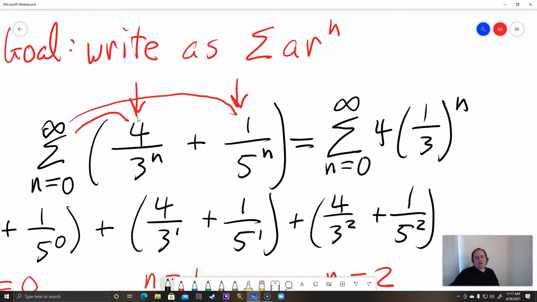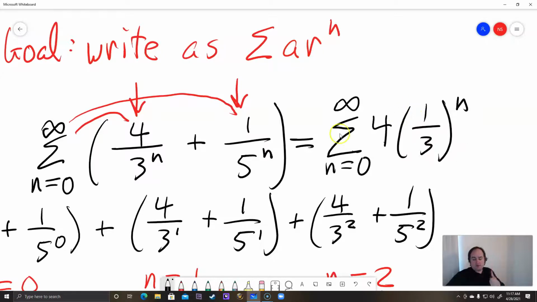Now, why am I allowed to write it as 1/3 to the n? Well, if you think about it, if I distribute that n to each of these exponents, in the numerator, 1 to the n is 1, and then in the denominator, 3 to the n is 3 to the n. So we have 4 times 1/3 to the n. And as you can see, that's in the format a times r to the n, where a is a constant and r is a constant.